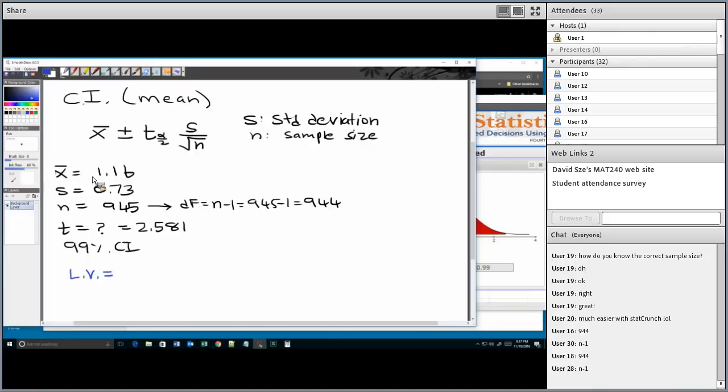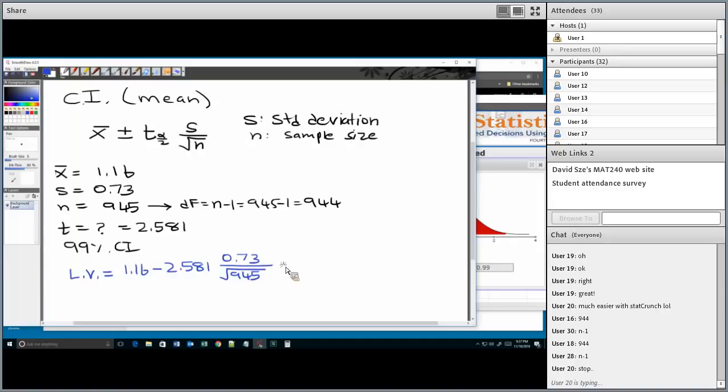So X bar is 1.16 minus 2.581 times 0.73 divided by square root of 945. This is my lower limit. What is the upper limit? The upper value is 1.16 plus all of this.